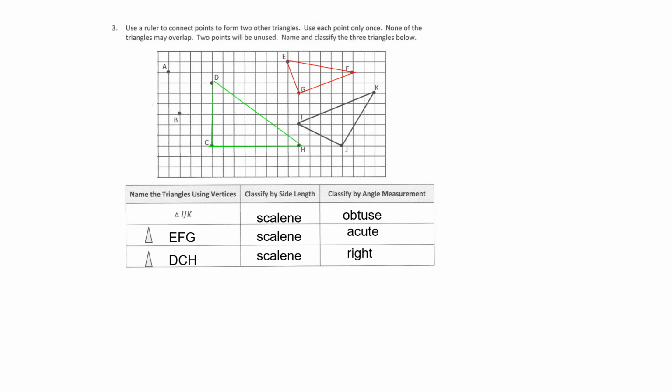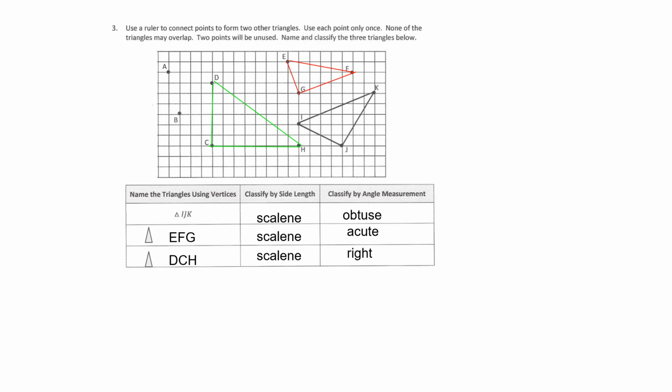So now we're going to use a ruler to connect points to form two other triangles, and we're going to name them. IJK is right here. It's scalene because all three sides are a different length, and it has an obtuse angle, so it's obtuse. Now you're going to make different triangles, so you'll have different answers for the data table.